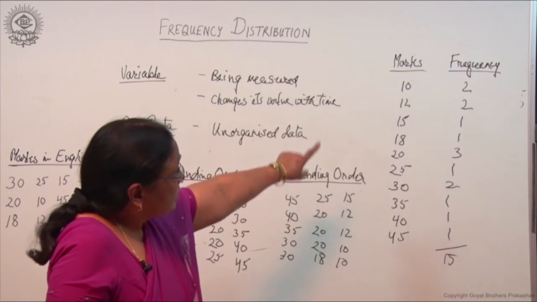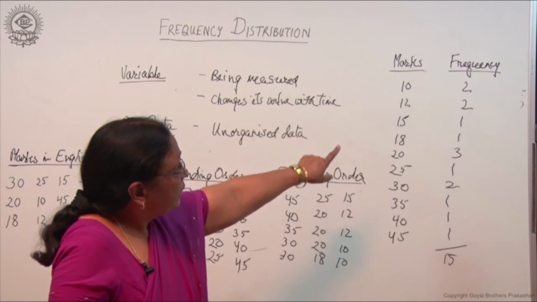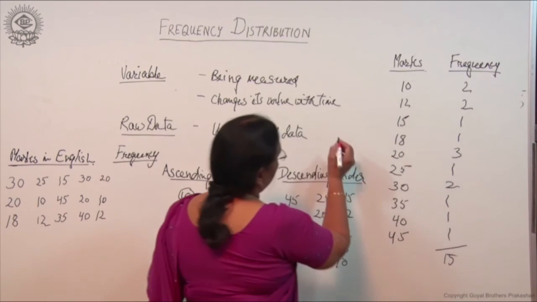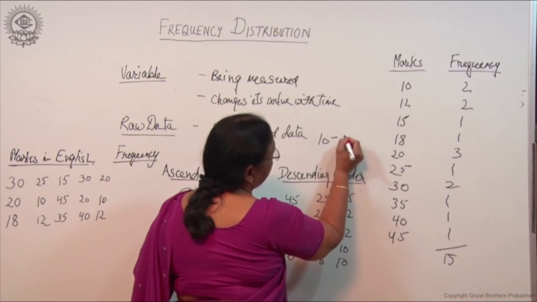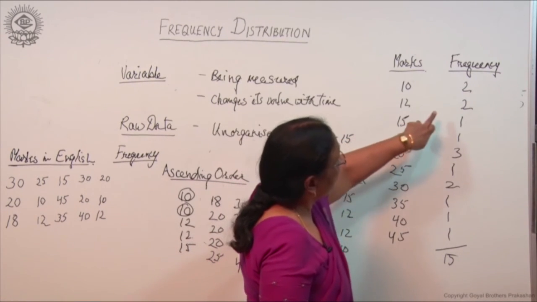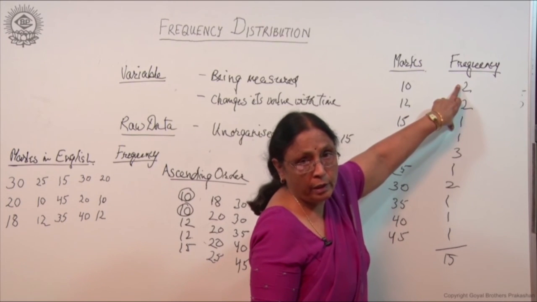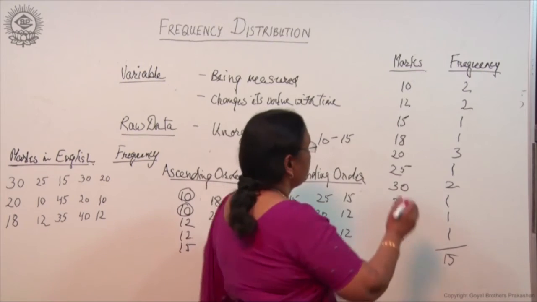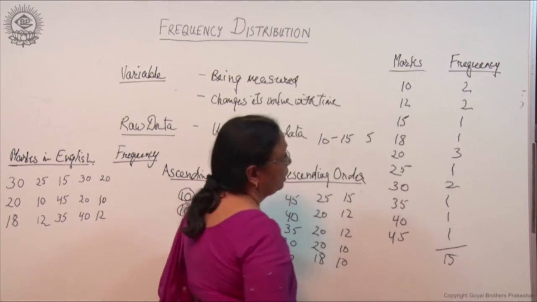Now in the same example, suppose we divide it into different class intervals, then the first class interval taking 10 to 15. From 10 to 15, how many children fall in this category? They are 2 plus 2 plus 1, that is 5, right?